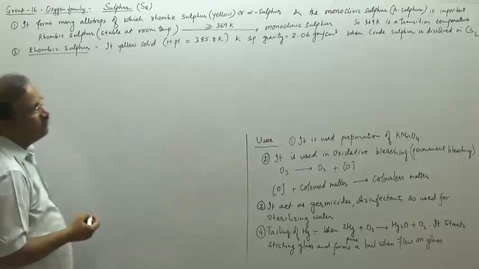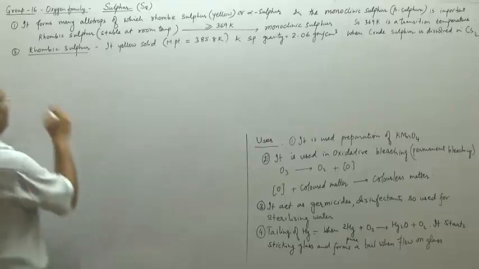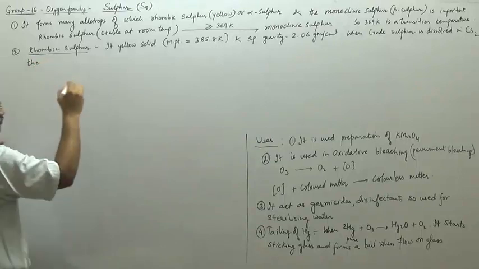The crude sulfur doesn't dissolve in water because it is non-polar. So when the crude sulfur is dissolved in carbon disulfide, then on evaporation we get the crystals of sulfur.